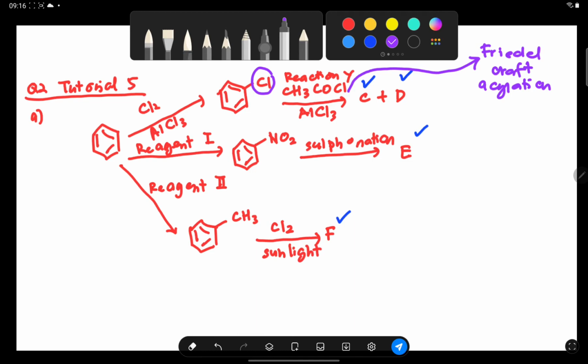Cl is an ortho-para director. So it will direct the acyl group to the ortho and para locations.